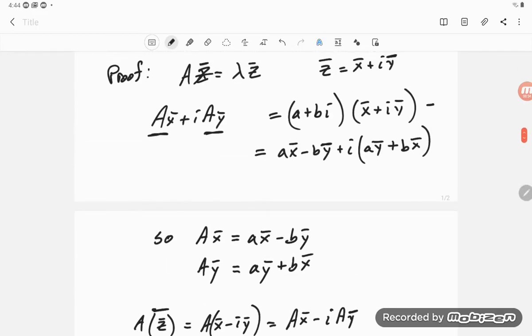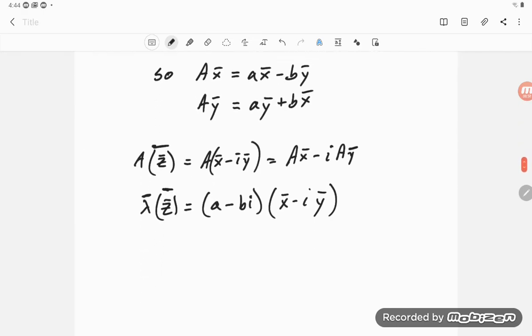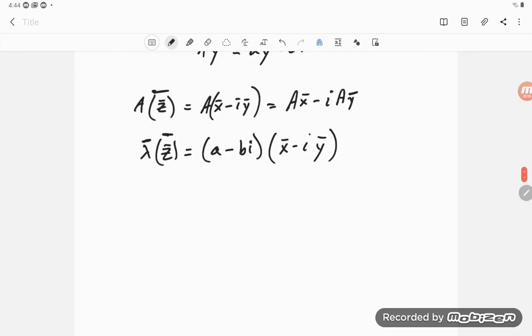So that part there is the conjugate stuff.